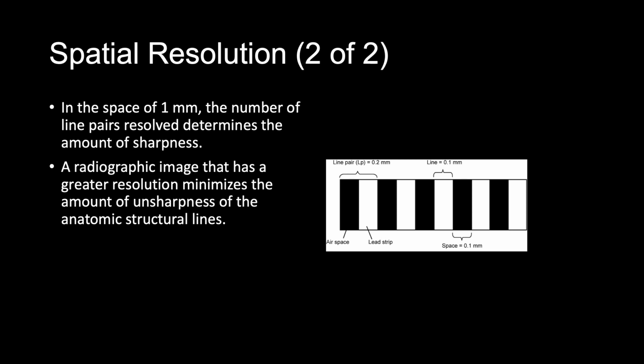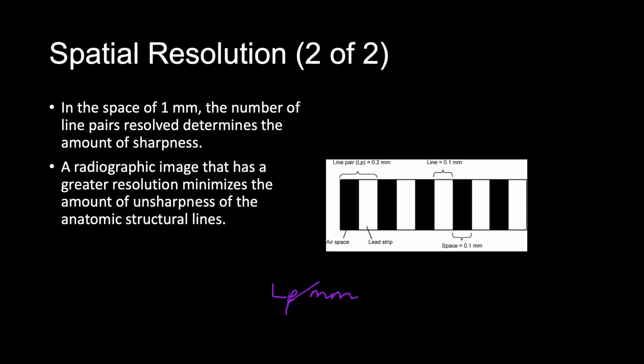Resolution can be expressed in the unit of line pairs per millimeter, which is written LP/mm. An imaging system that can resolve fewer line pairs within 1 millimeter is said to have decreased sharpness. The ability to discern small changes in spatial resolution when viewing a radiographic image is dependent on the visual acuity and the distance of the viewer.